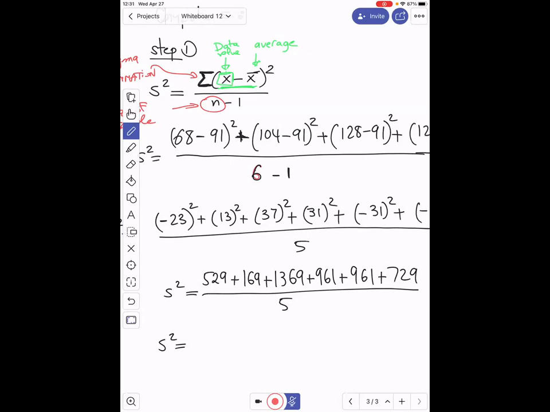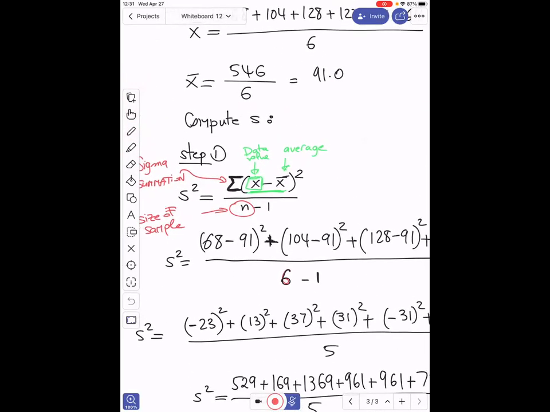So that'll be 4,718. It would be great, guys, if you can check the answer with me at the same time using your calculator. So then divided by 5, of course, that will be equal to 943.6. Okay, so this is S squared, right?